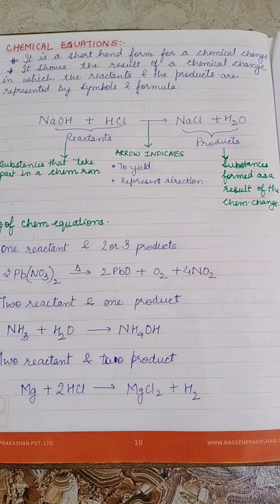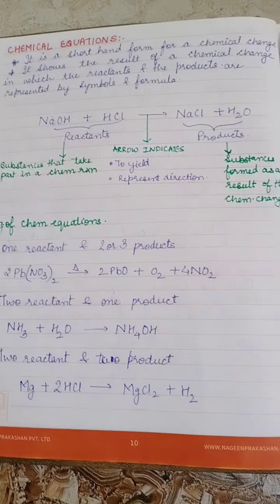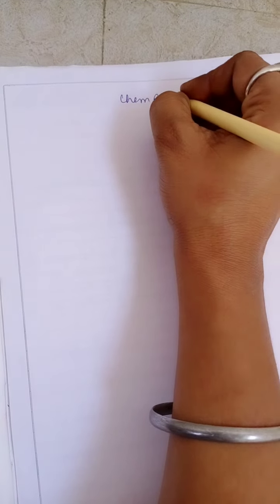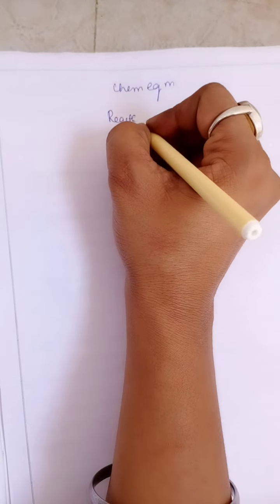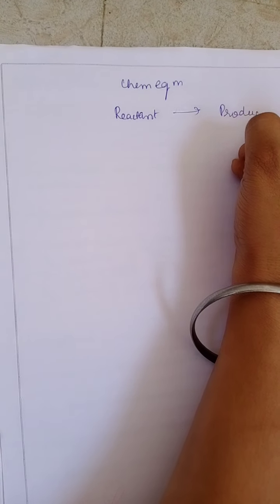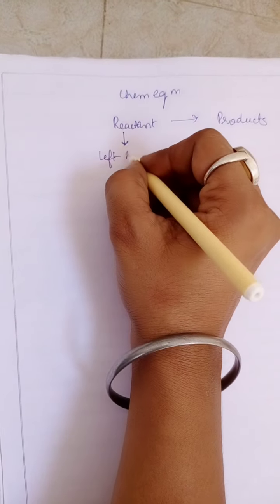formulae. Here you always need to remember, in a chemical equation we have two parts. We have reactants and then we have products. Reactants are always written on the left hand side.